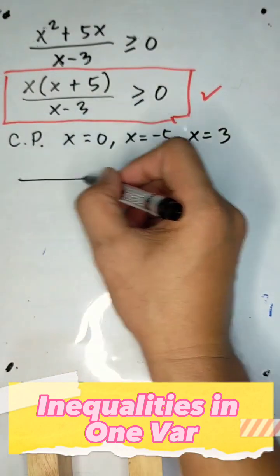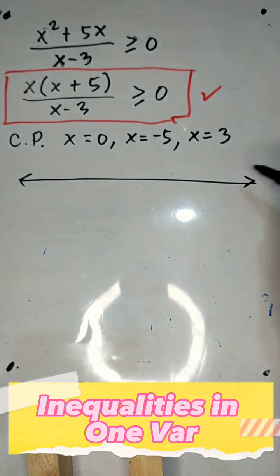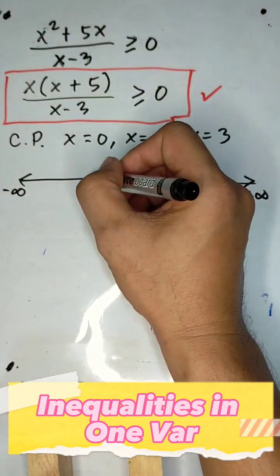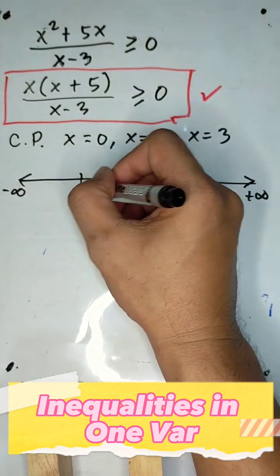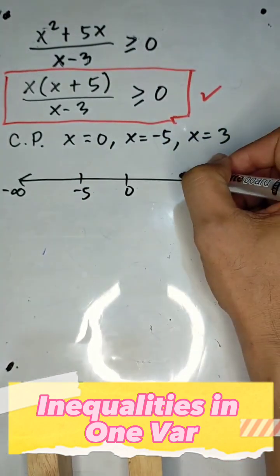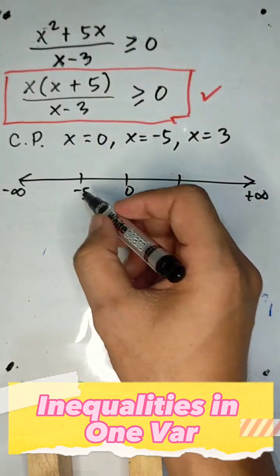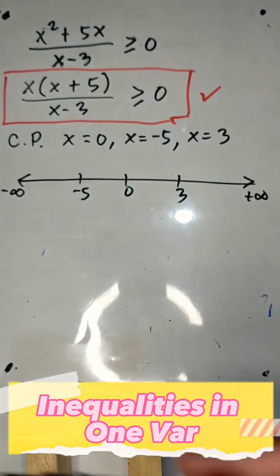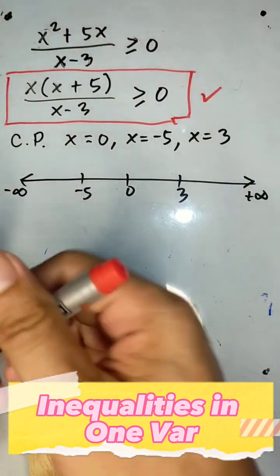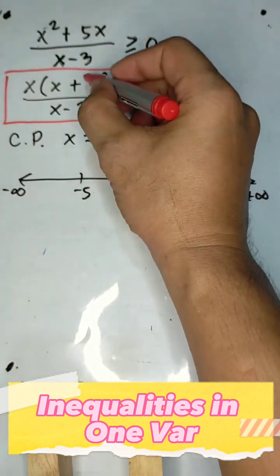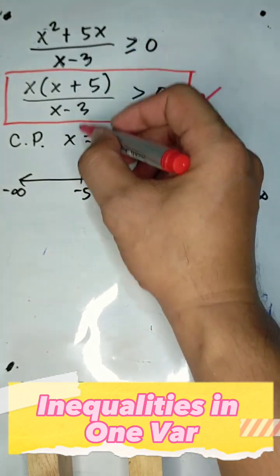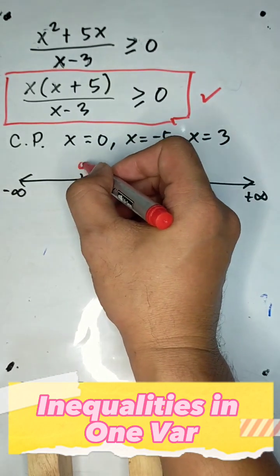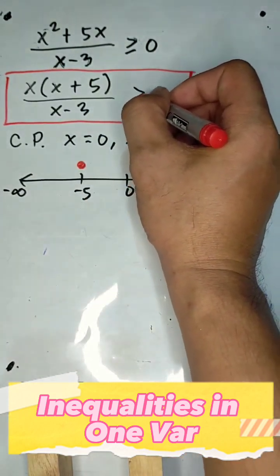Next, let's draw the real number line from negative infinity to positive infinity with our critical points negative 5, 0, and 3. So we have 4 intervals: 1, 2, 3, 4. Negative 5 is a zero of the numerator, so it is included because our inequality is greater than or equal.